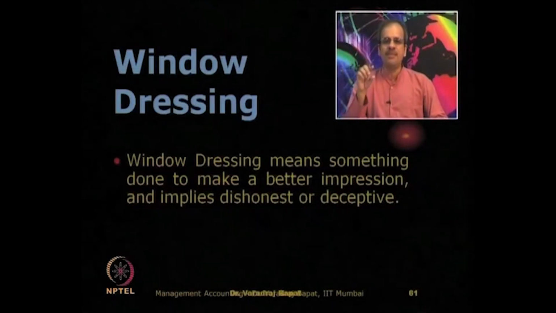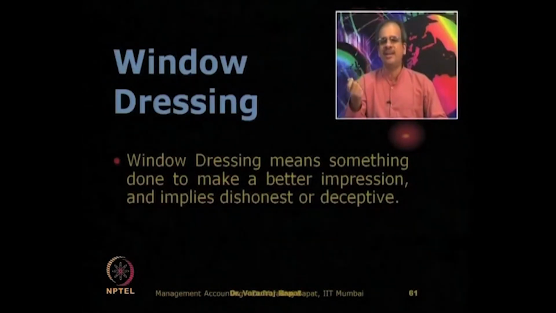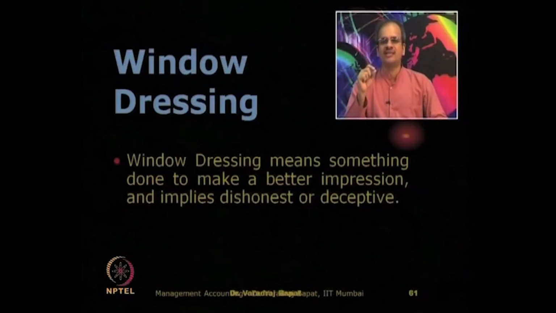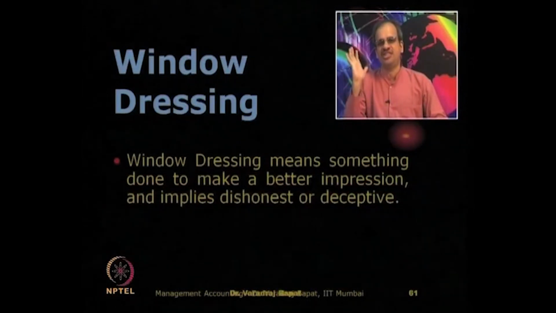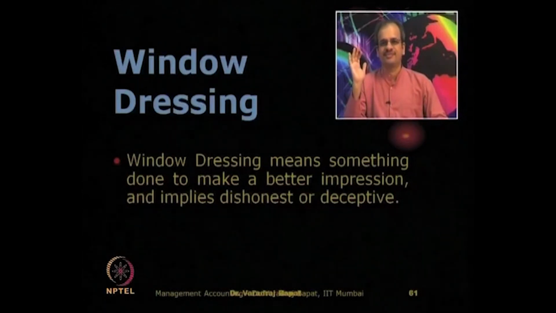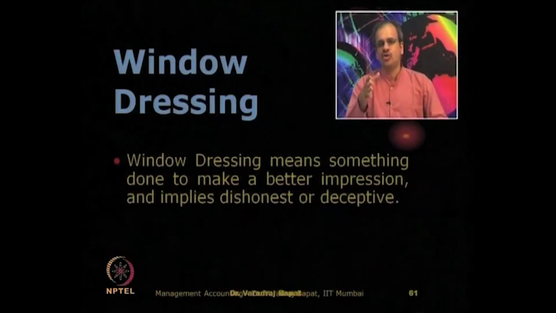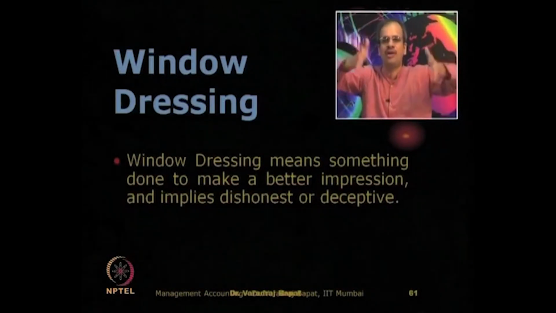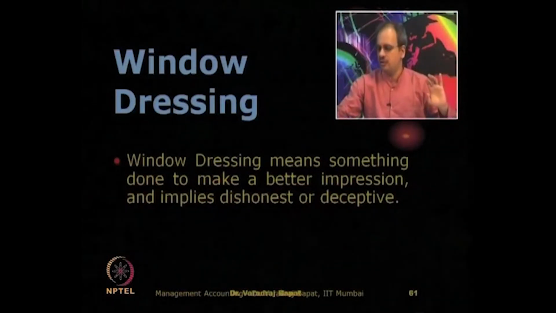Window dressing is something which is done to make a better impression, and it implies dishonest or deceptive presentation. If you do not have a very good balance sheet to show, you manipulate the figures and show a very good picture of yourself or your company, that is something known as window dressing.